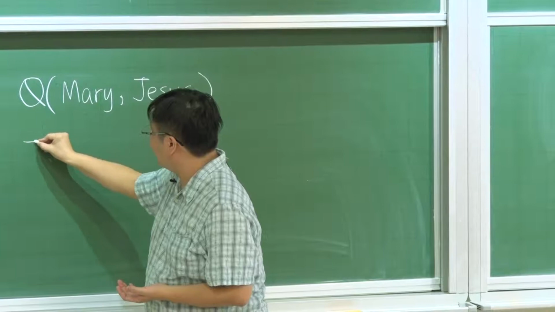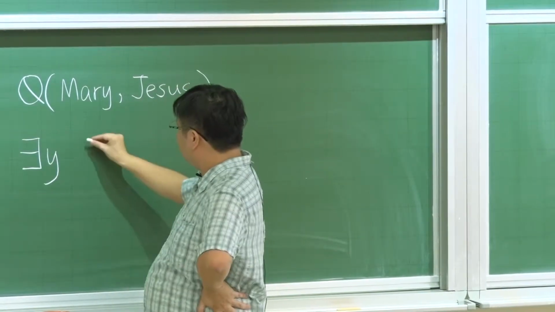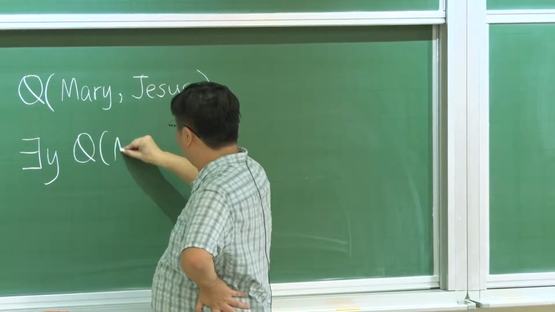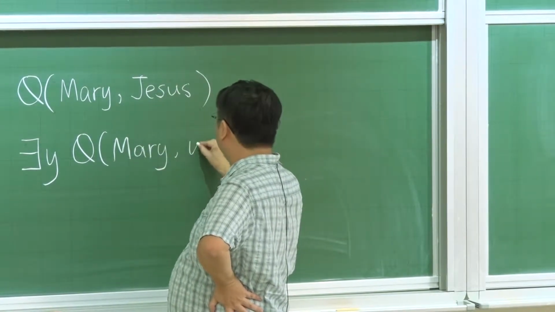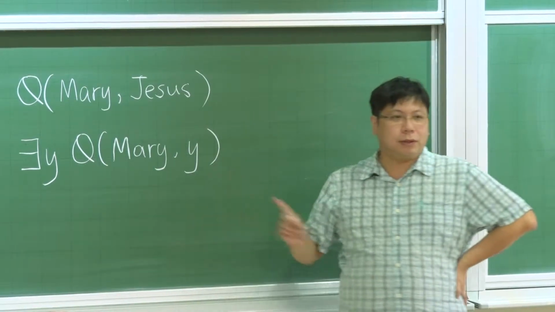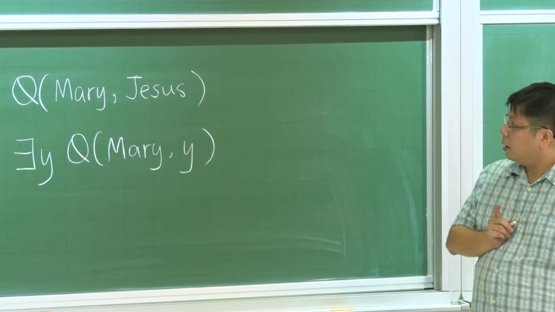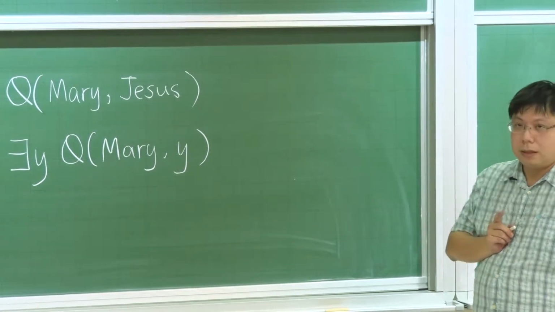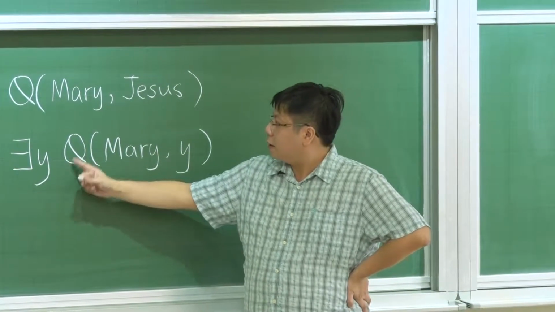Now similarly, how about this one? There exists y, Q(Mary, y). Okay? So here, what does it mean? It means to determine.